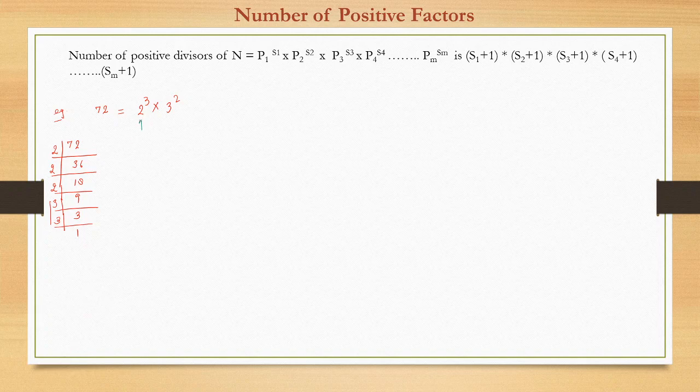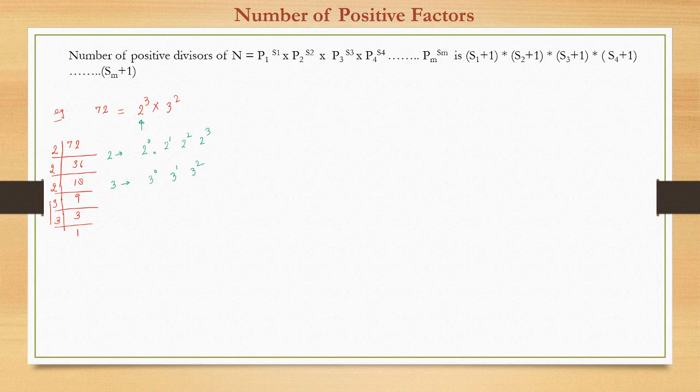First let's concentrate on all the factors corresponding to the prime number 2. Here factors can have 2 raised to power 0, 2 raised to power 1, 2 raised to power 2, 2 raised to power 3. Similarly, with respect to the factors originating from the prime number 3, they can be either 3 raised to power 0, or 3 raised to power 1, or 3 raised to power 2.